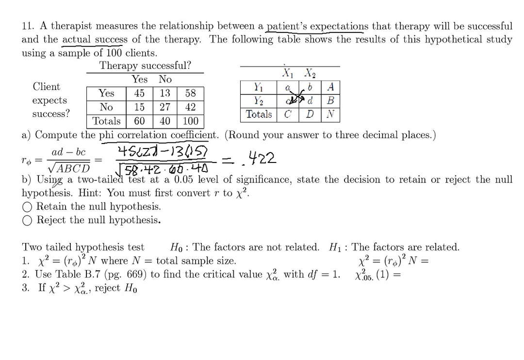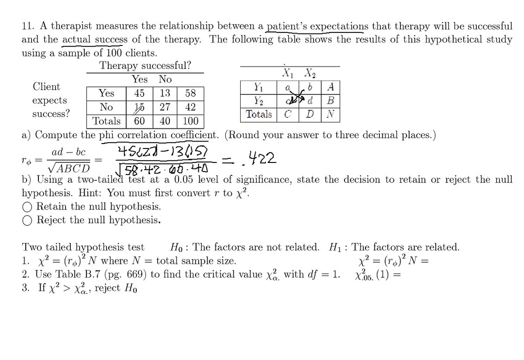Now they ask us, using a two-tailed test at the .05 significance level, to state our decision to retain or reject the null hypothesis. Again, the null hypothesis is that they're not related, and the alternative hypothesis is that they are related.